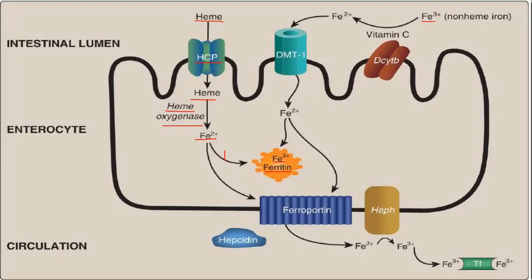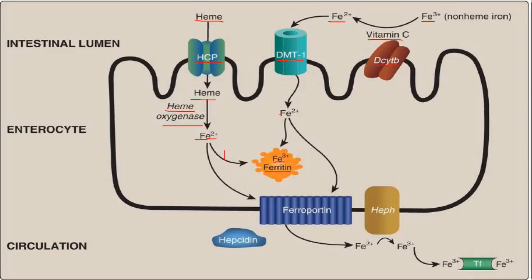Let's look at the other one. Now, this iron from non-heme sources is in the ferric state. First, it has to be converted to the ferrous state by the ferroreductase, duodenal cytochrome B, and vitamin C is the coenzyme of this enzyme. Then it is transported into the cytosol of the enterocyte by the divalent metal ion transporter 1.